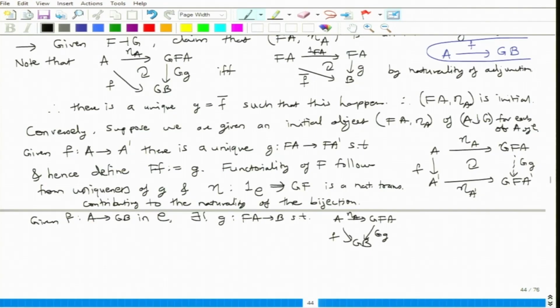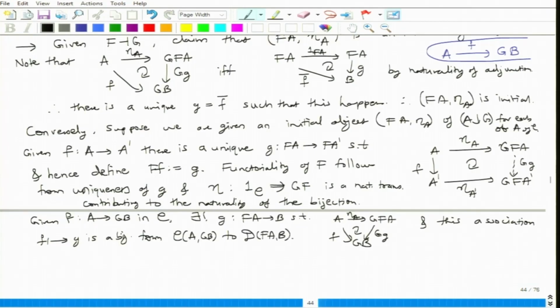Right? And this is a bijection. And this association f to g is a bijection from morphisms A to GB, so C(A, GB), to D(FA, B).